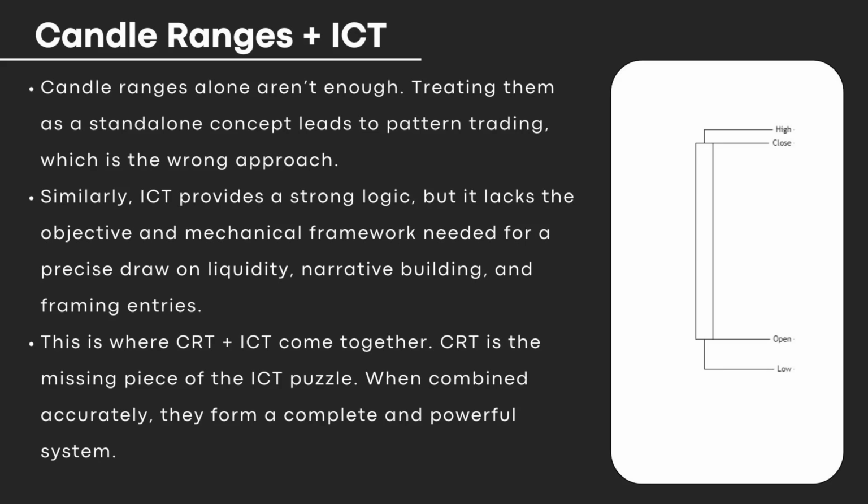This whole idea of ICT plus CRT is the missing piece of the puzzle. ICT concepts are good at finding key levels and determining what market profile or order flow we are in, but the problem for most of you arises when you try to determine a refined objective drawn liquidity or build a narrative.